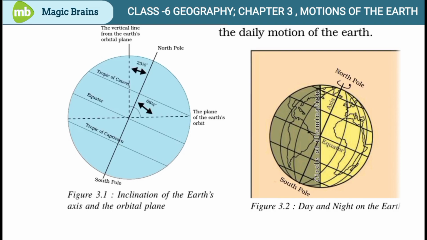Also, the plane of the Earth's orbit. It has also been marked the Tropic of Cancer, Equator, Tropic of Capricorn. The figure also shows the vertical line from the Earth's orbital plane.